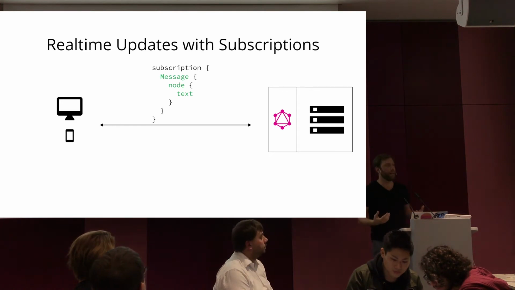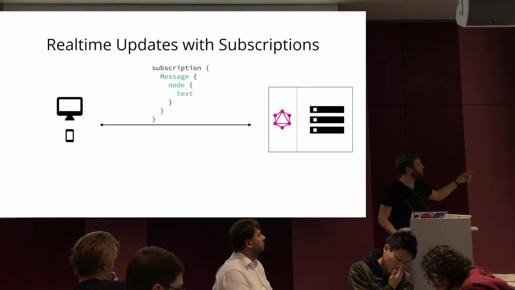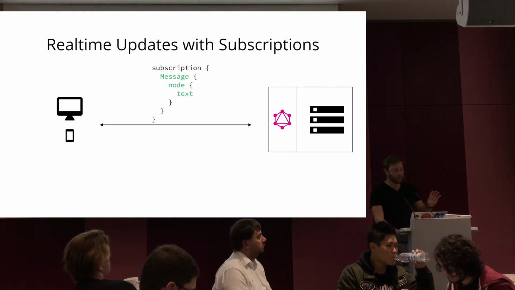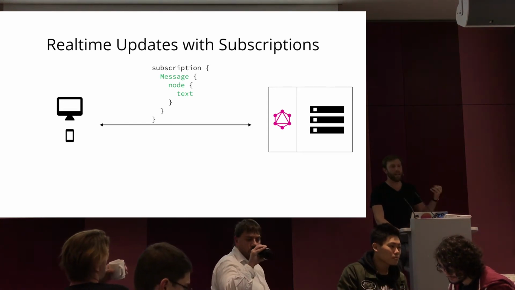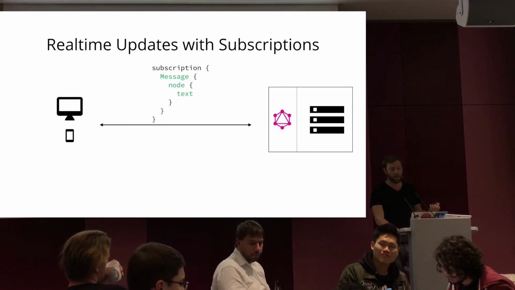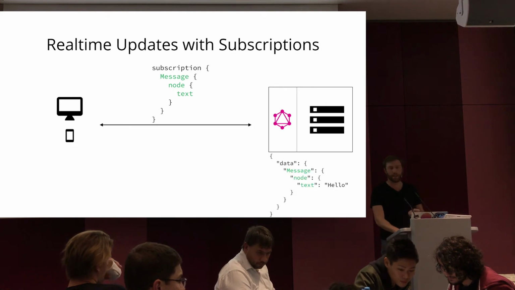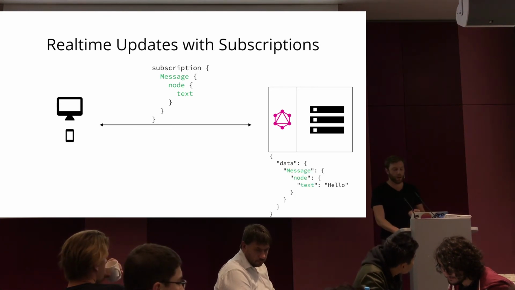So now that we have this steady connection between the client and the server, let's assume that a third client will actually go and send a mutation to the server that triggers the subscription. So some client sends over a mutation where it creates a new message with the text hello.